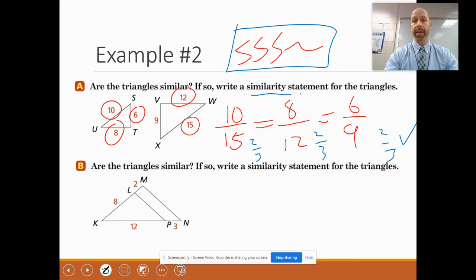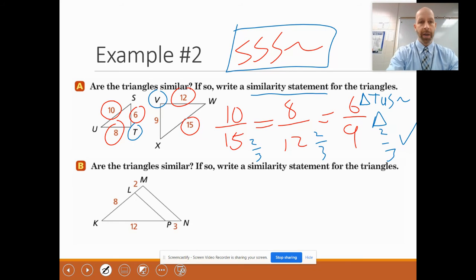And now we're supposed to write a similarity statement. So here's where we've got to be very careful. Now I'm going to go with this angle here because it looks almost like a right angle. So I'm going to say triangle TUS is similar to triangle. Now T pairs with V, so V has to be next.